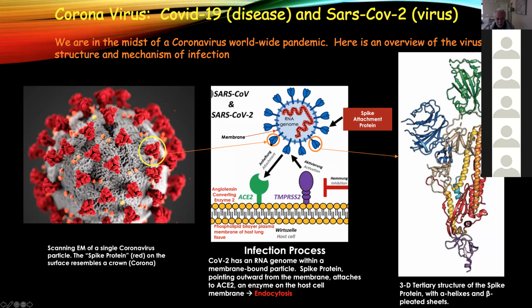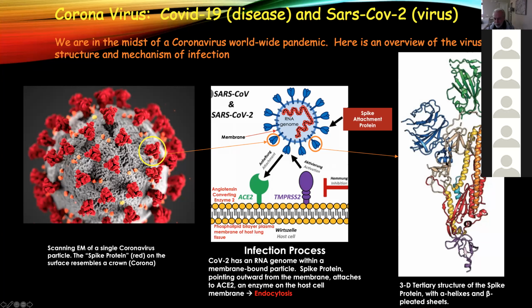And that's critical because that's the part that attacks human cells. So what it does is attach to a receptor on the surface of human cells called ACE2. ACE stands for angiotensin converting enzyme 2. And I'll tell you what that does in a minute. So this is a phospholipid bilayer. ACE2 sticks out from that membrane, and that's where the coronavirus binds.